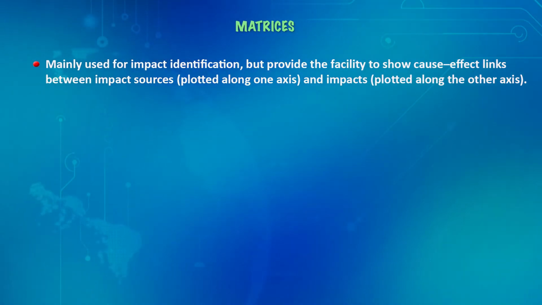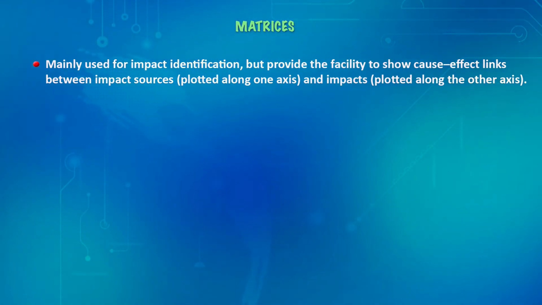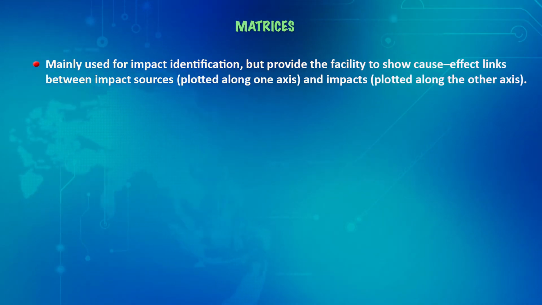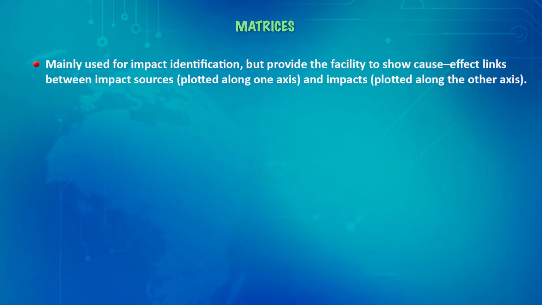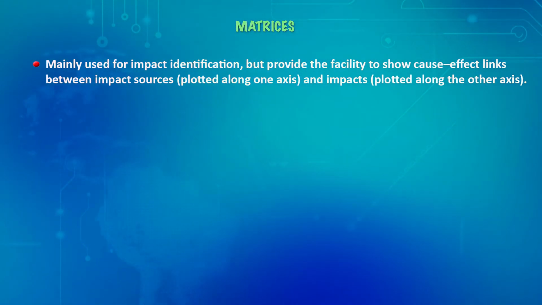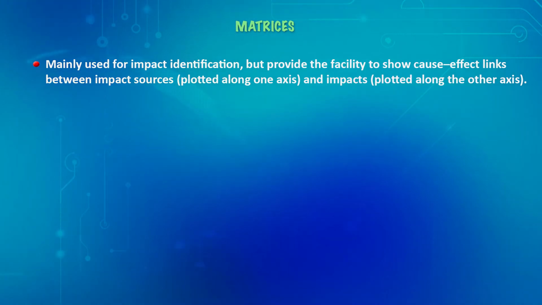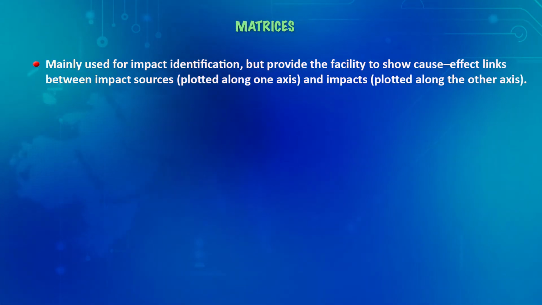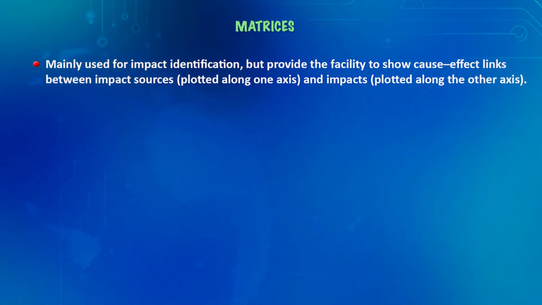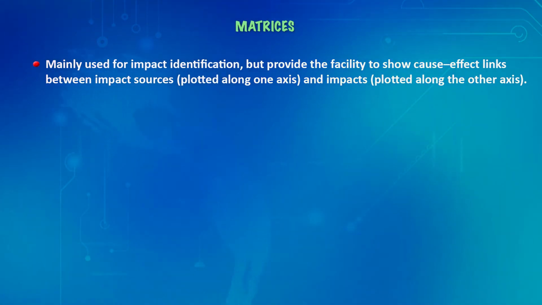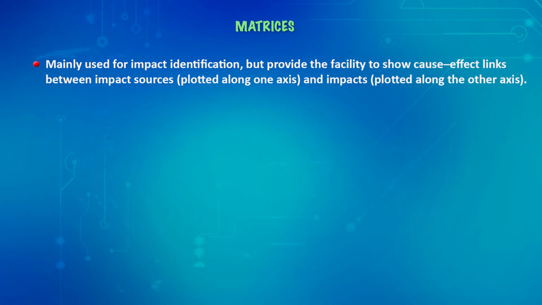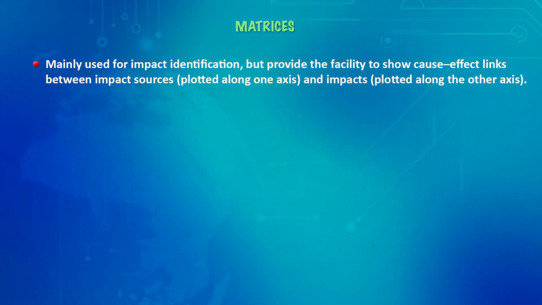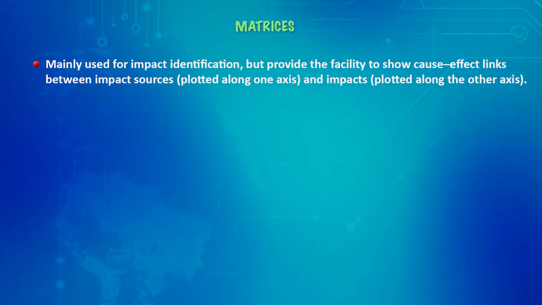Basically, matrices are used for impact identification, but they also provide the facility for cause and effect links to be explicitly measured, because in the previous one it was not there. In this case, the cause effect links between the impact sources and the impacts can also be measured through this method.